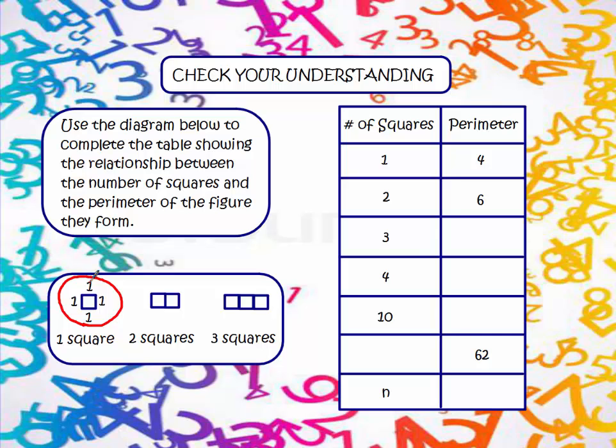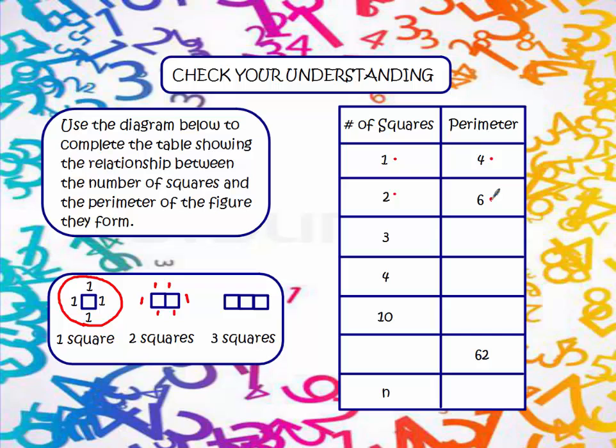So when I have 1 square, I get a perimeter of 4. So with 2 squares, this would be 1, 1, 1, 1, 1, 1. So that's 6. So with 2 squares, I have a perimeter of 6.